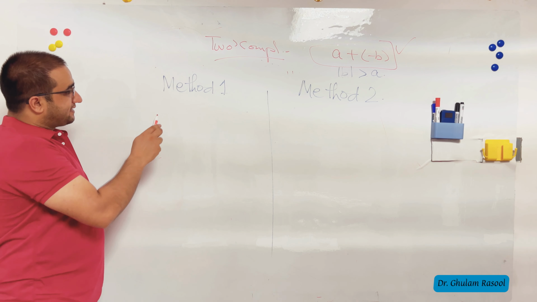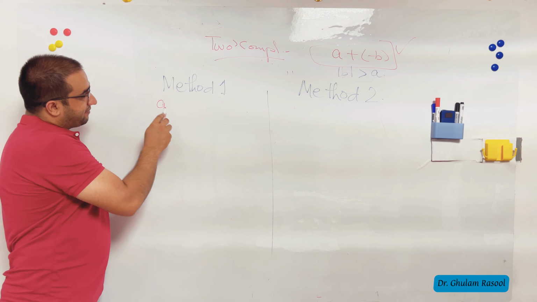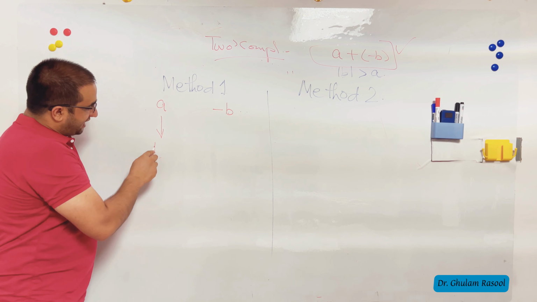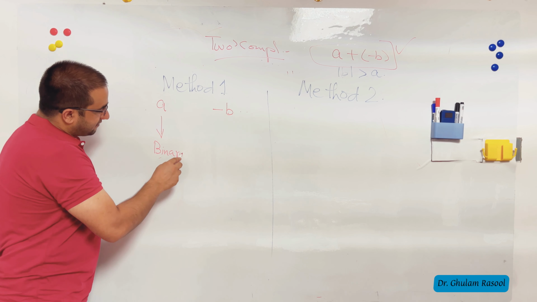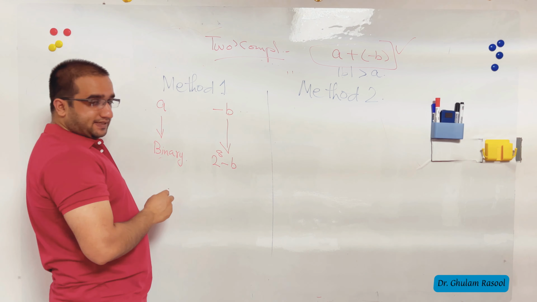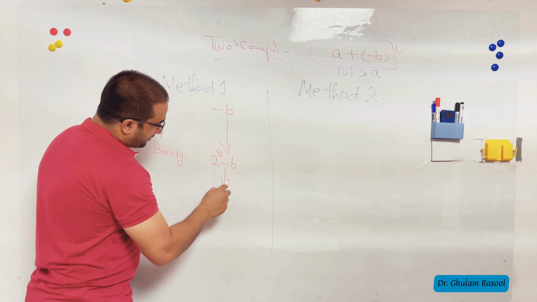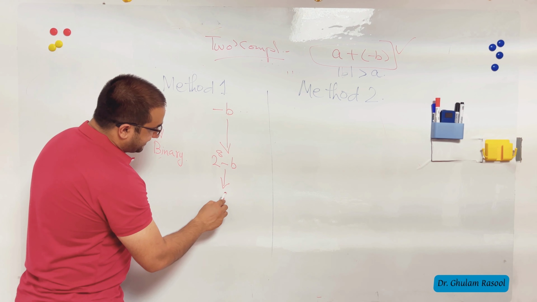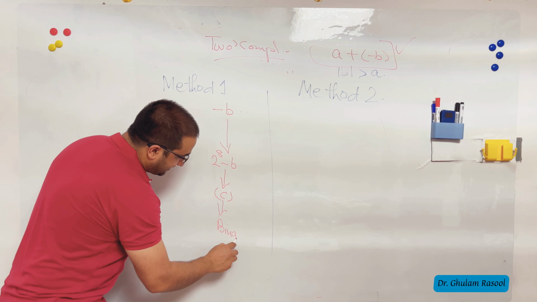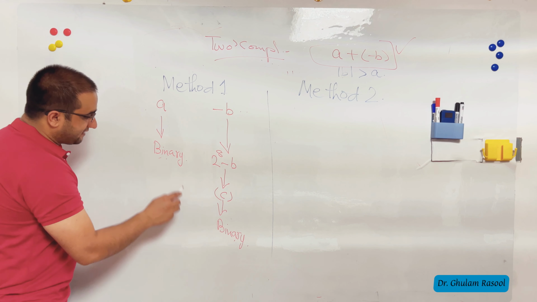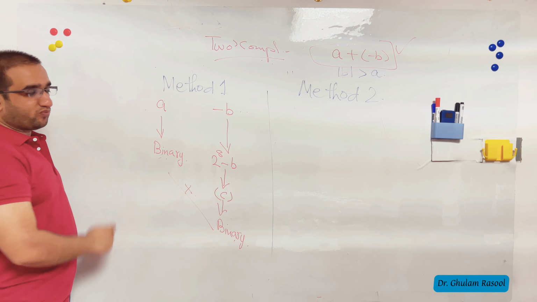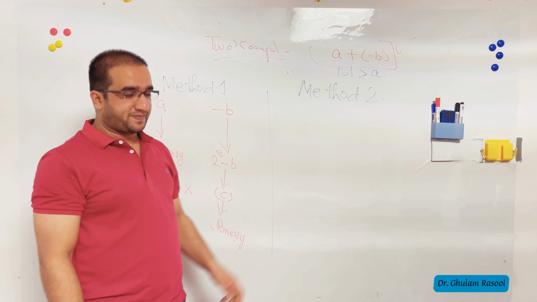Method 1 was, if there is number A and number B, convert A into binary and convert B into 2 raised to the power 8 minus B. Then it becomes a positive number, let me say C. Then convert this number into binary. Now this is a binary, this is a binary, add them together. This is method 1 for the same question.